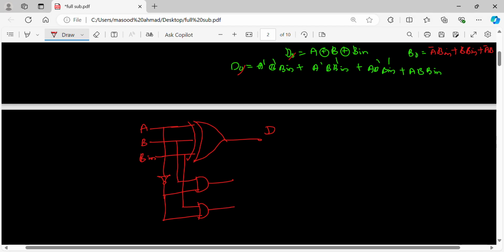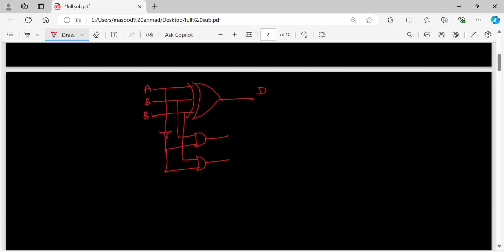Then you take B and B in, and connect them to an AND gate. Then I'm going to get these three terms. I'll club them together with an OR gate, and from this I'll get my borrow out.